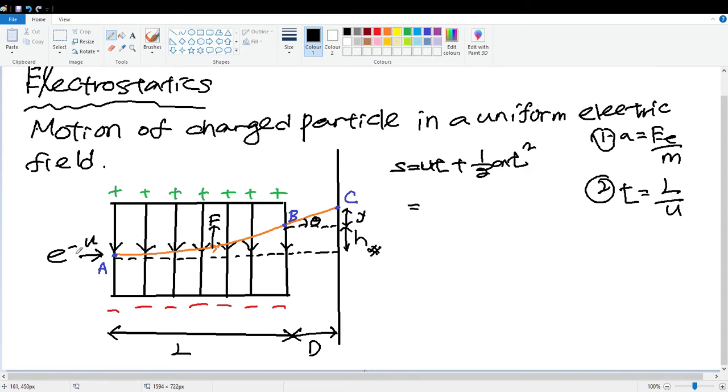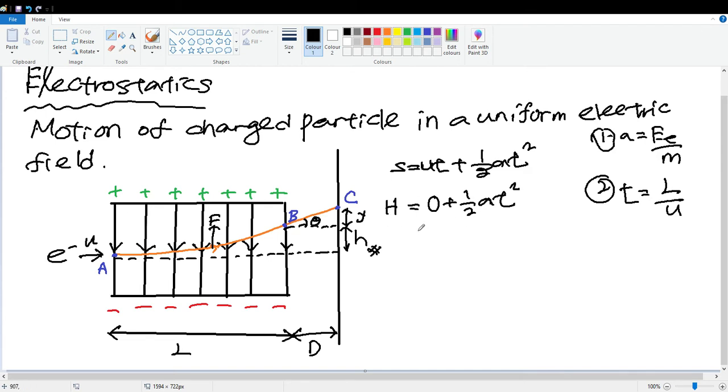Since the motion of the electrons initially is horizontal, I can conclude that my vertical initial velocity is 0. So this is 0 and this is 1 over 2 at squared. So this is my h.